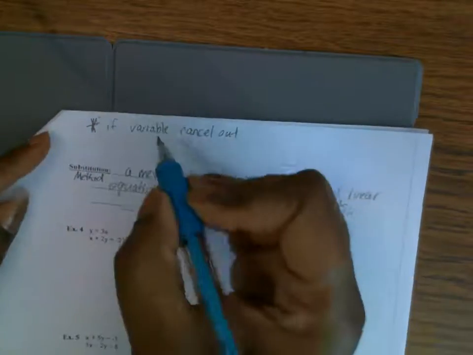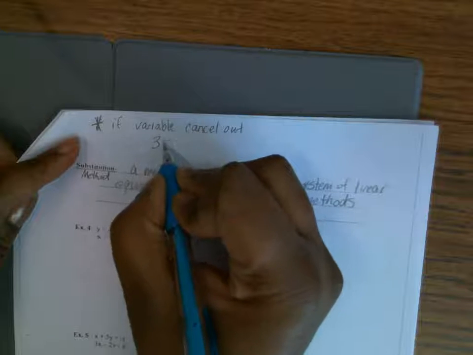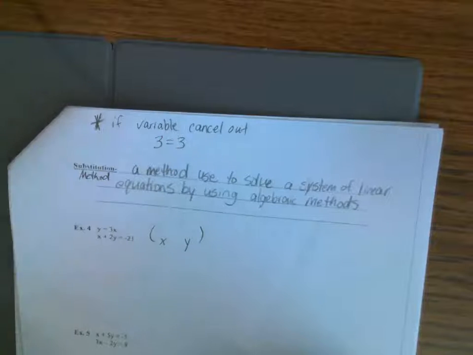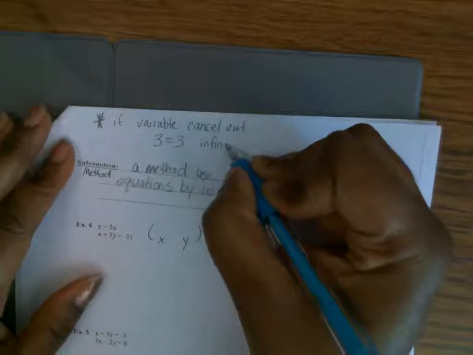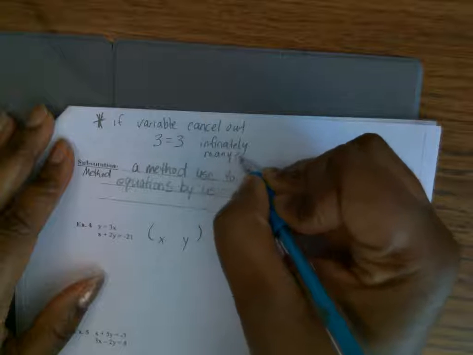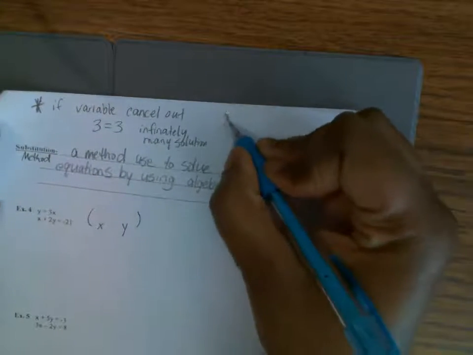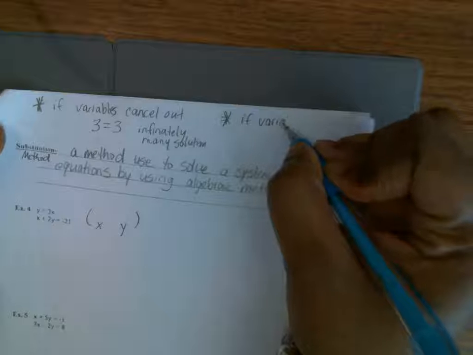If variables cancel out and both sides are equal to each other, like you might have 3 is equal to 3, then you're going to say, oh, this is infinitely many solutions.